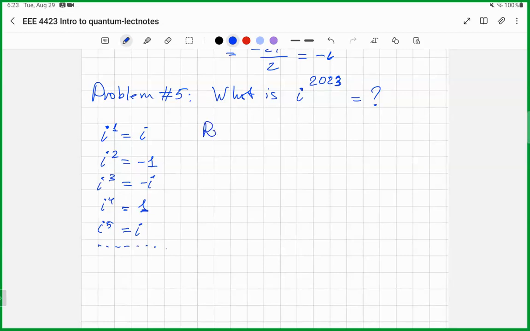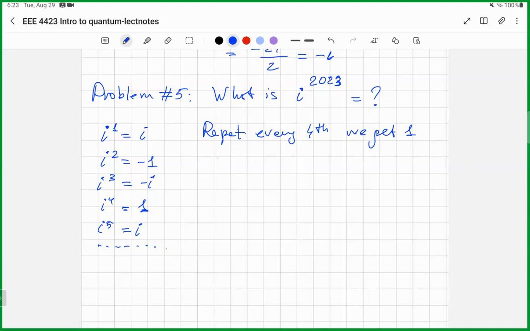So we can write this as repeating every fourth step. Every fourth step we get 1.